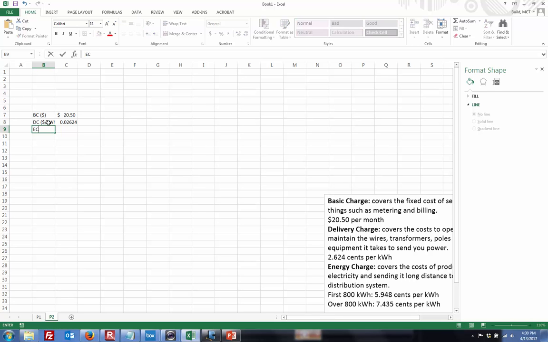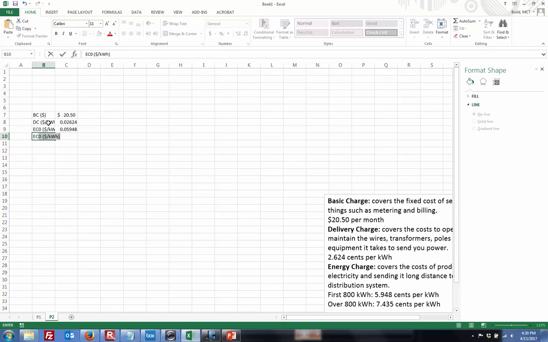EC 0, dollars per kilowatt hour, 0.05948.